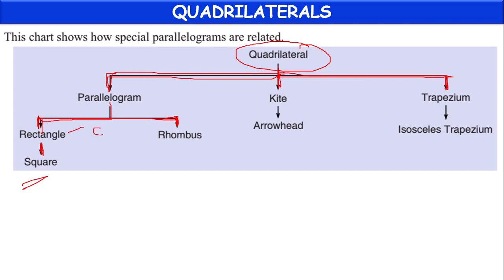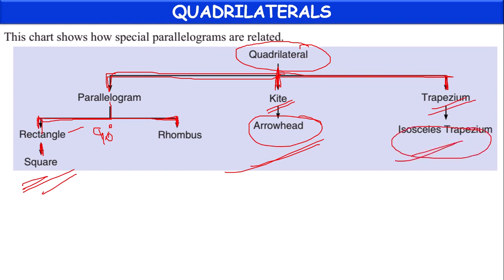Because in the rectangle already all angles are 90 degrees, but only two pairs of opposite sides are parallel. In that, if all sides become equal, then it is called a square. A kite with one reflex angle is called an arrowhead. A trapezium with non-parallel sides equal is called an isosceles trapezium.